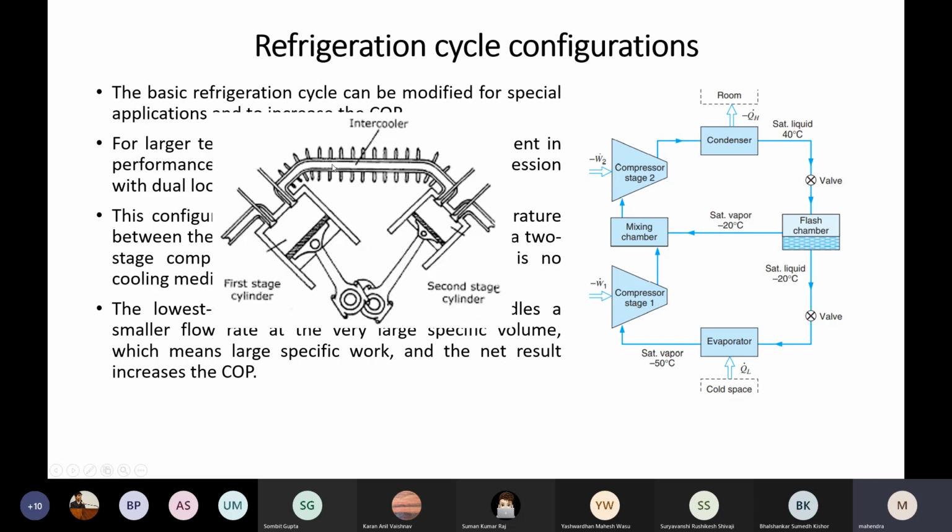See here. In case of any compressor, which compressor? Air compressor, which you usually use to put pressure in your tires, cycle tire or scooter tire or car tire. In that mechanic shop, you might have seen this kind of compressor. If you have not seen, now also you can observe somewhere here and there.